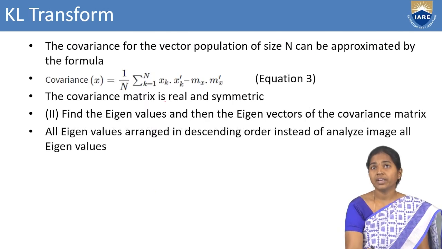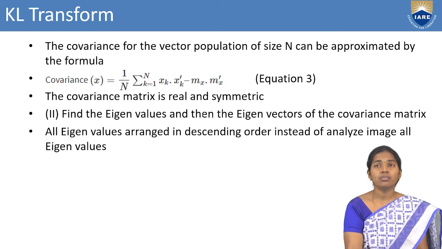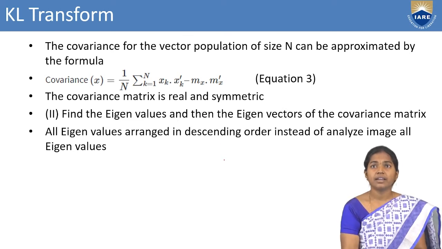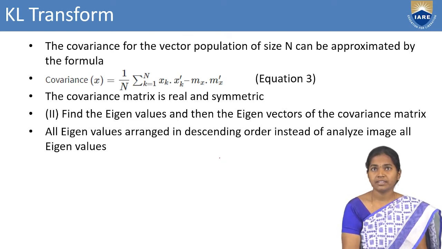Here, n is the number of vectors, so Cx equals 1 by n times the sum from k equals 1 to n of xk xk transpose minus mx mx transpose. The covariance matrix is real and symmetric.